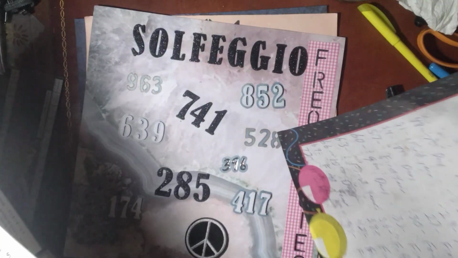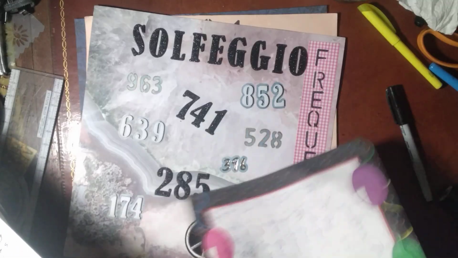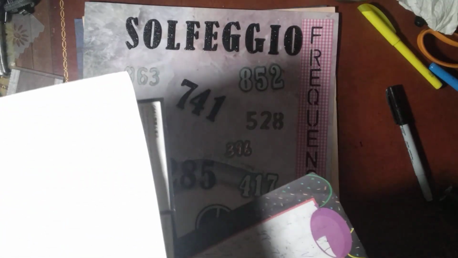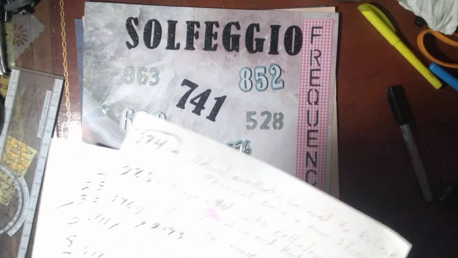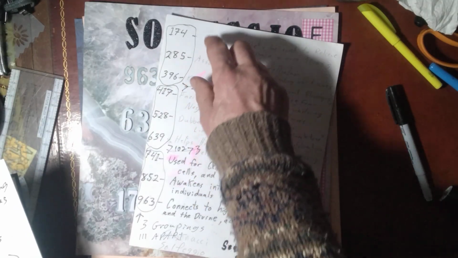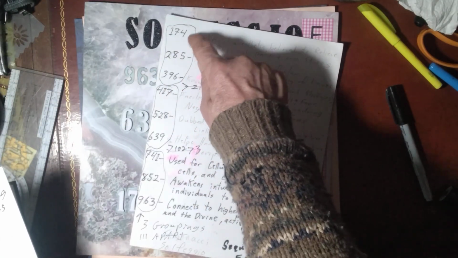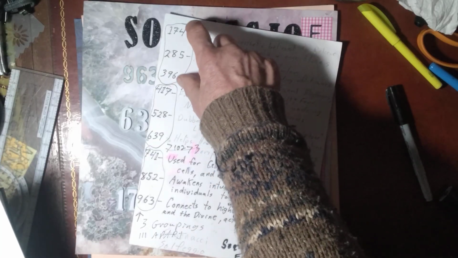Is there any evidence that it heals, or that these are just magical frequencies? I haven't found it. But I did find that all these frequencies can be broken up into groups, like the 174, the 285, and the 396. Those are kind of a group.